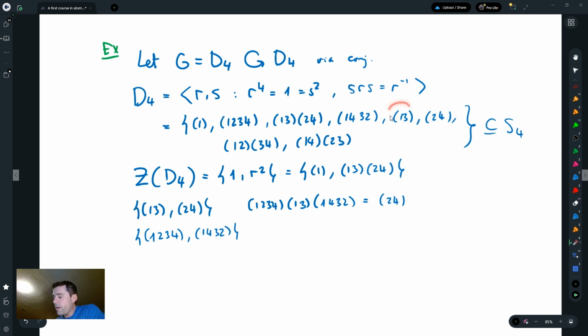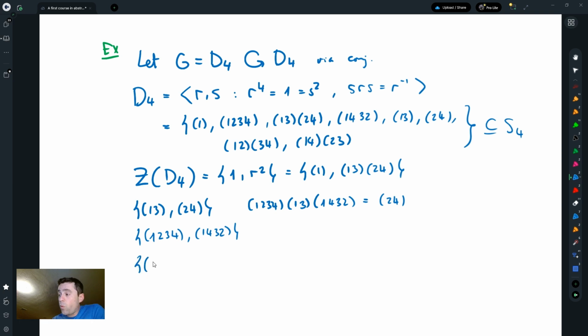Similarly, (1 3) has to be conjugate to other elements of order 2. And you can see that actually this cannot be conjugate to a product of two disjoint cycles. So in any case, it cannot be conjugate to this one. So it has to be this. So you can get clues of what can be conjugate, and then you can prove that these are the only conjugates.